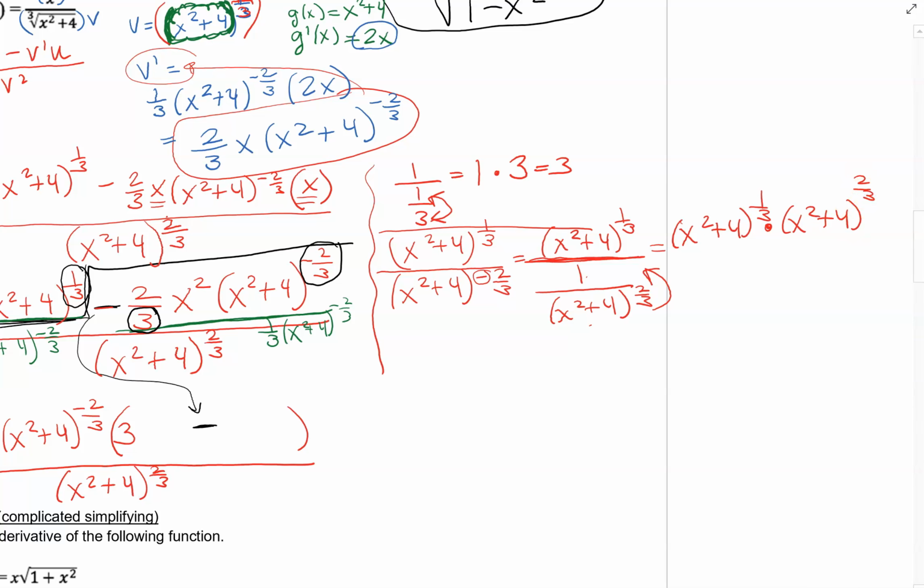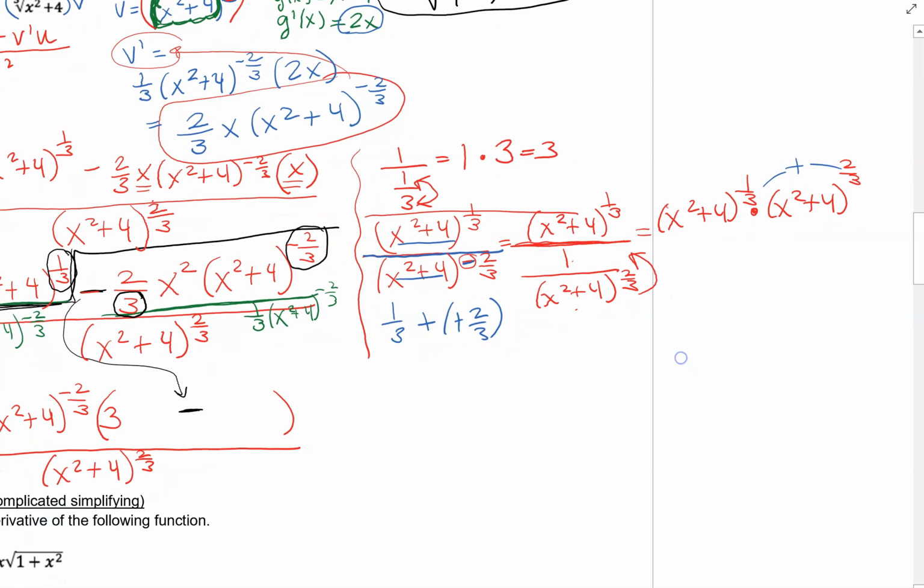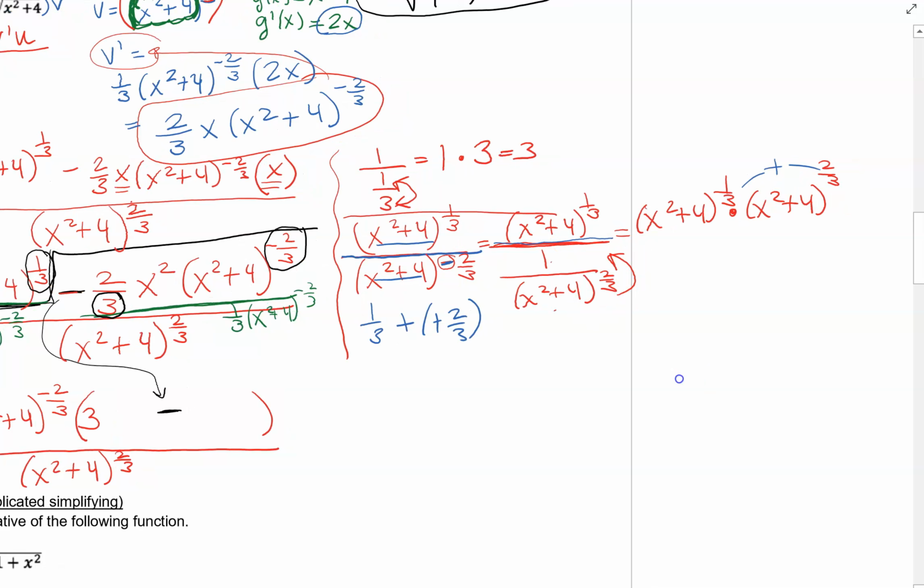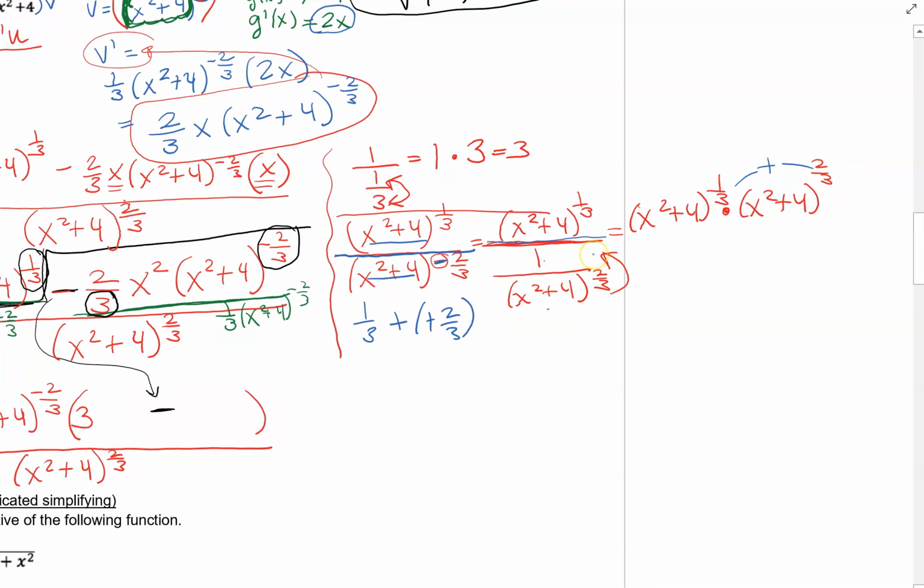And another way to think about that is if you are dividing common bases with different powers, you subtract the powers. You're doing 1/3 minus negative 2/3. And that's another way to understand that it turns into addition. So you can either think of it as subtracting powers or as a negative power being a reciprocal, but then division has you multiply by the reciprocal, so it flips back to the top.